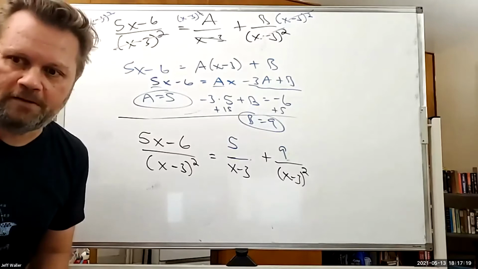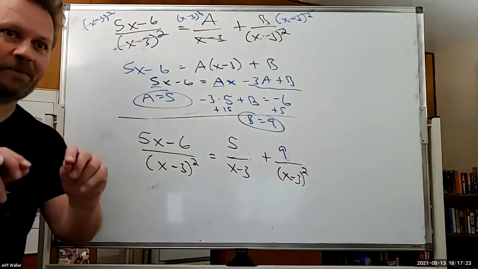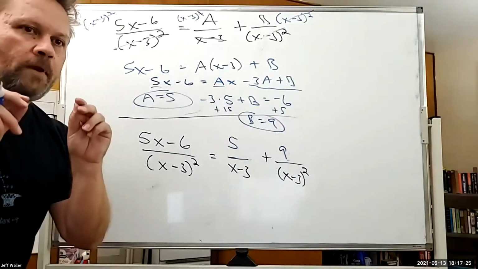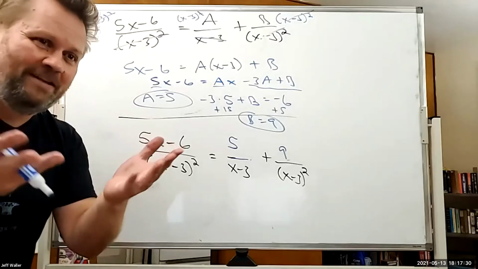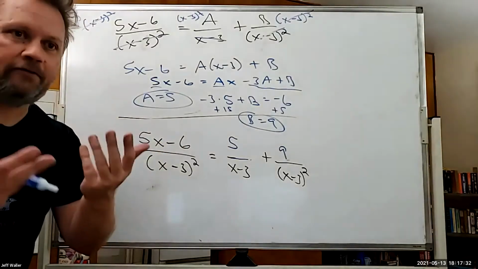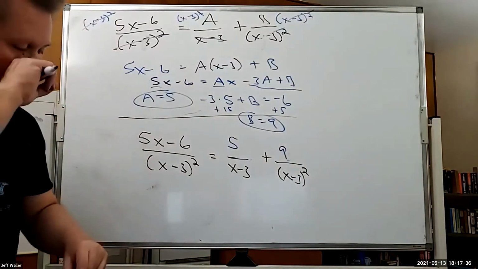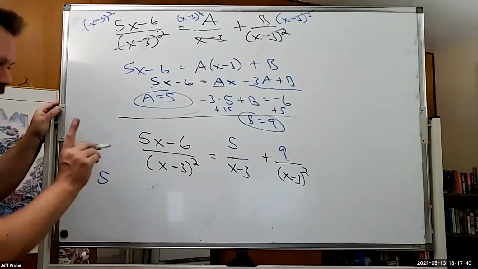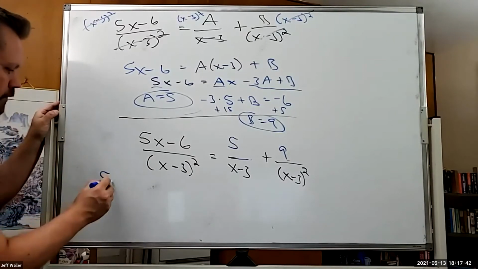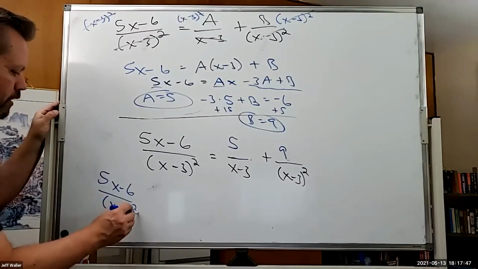Okay. All right. Now, let me see if I could push this a little bit. I'm going to show you something, and we'll see if it ever becomes something you try to do. This is a really weird little side note. This is exceptionally weird, okay? Let me see, (5x minus 6) over (x minus 3) squared.